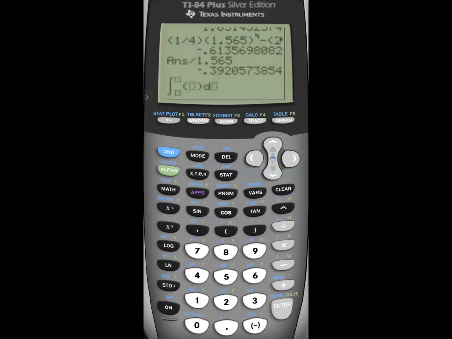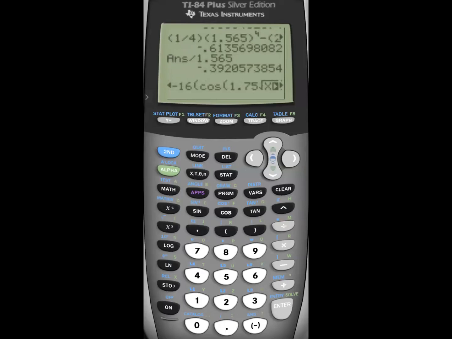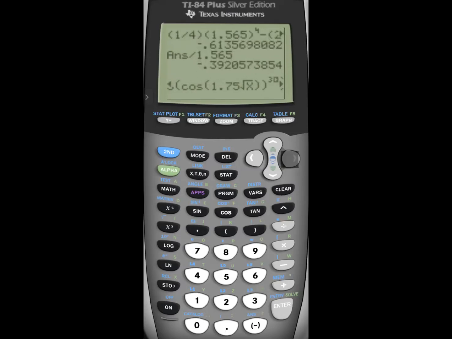Math 9, and then we're going from 1 to 4, and we're doing 2 minus 16 times parentheses cosine of 1.57 square root of x, close, to the third power, dx.